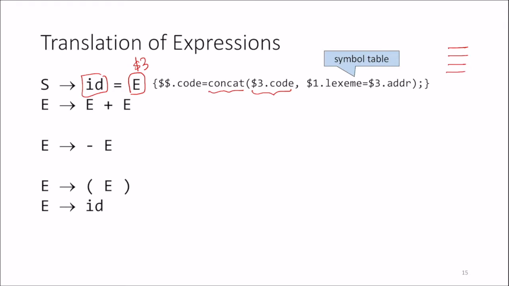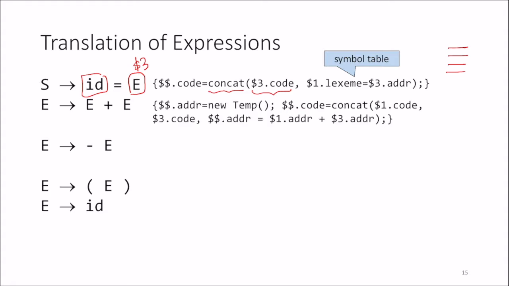Concatenation is just building up the IR using this attribute grammar. When I have a binary operator, I would create a new location. So I'm just using this shorthand for new temp. This is not LLVM or anything. So for LLVM, you might do something somewhat different.